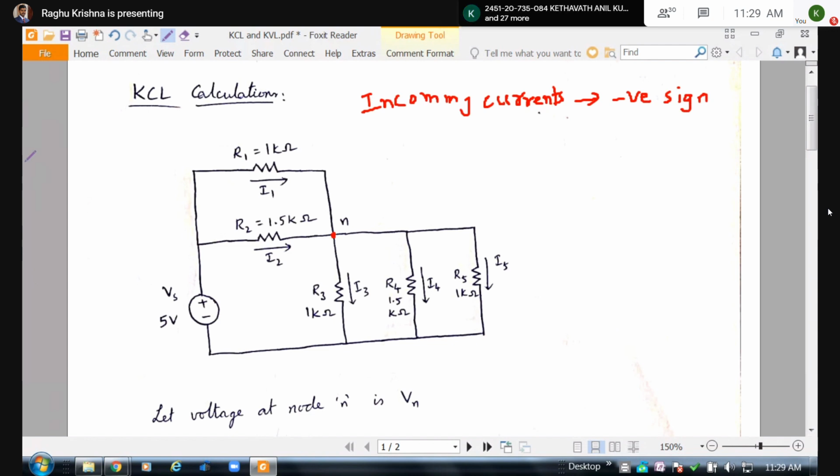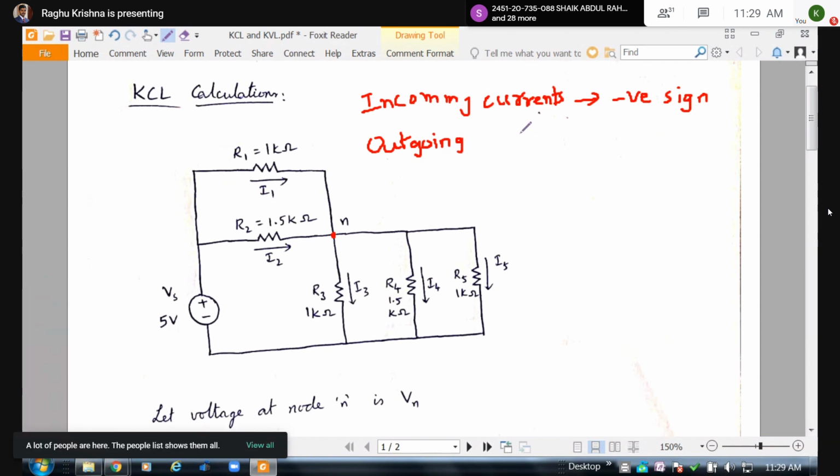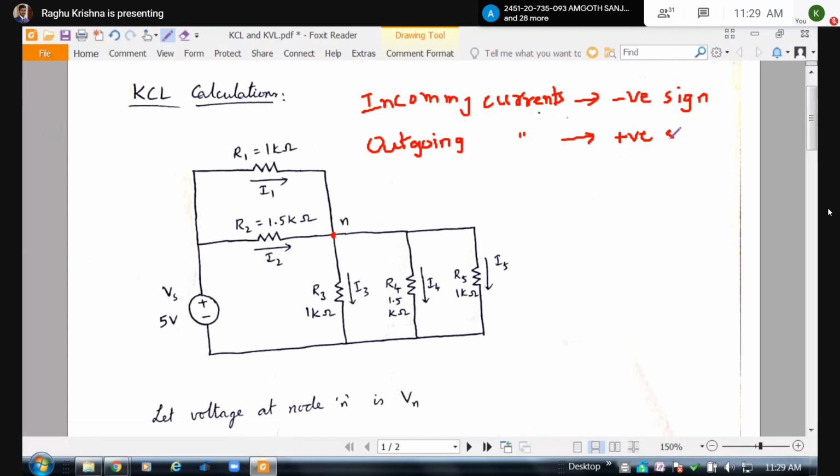Coming to outgoing currents, we have to take the positive sign. Now here let us do the algebraic sum. Algebraic sum of currents meeting at a node.